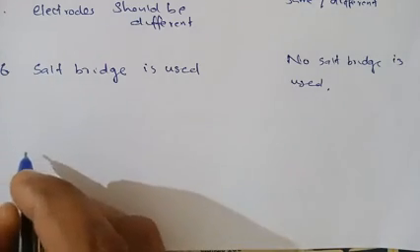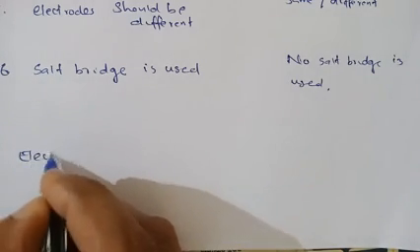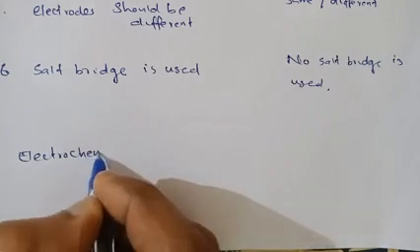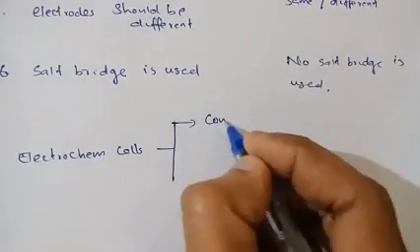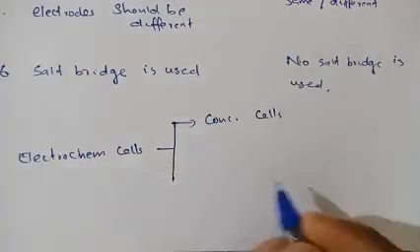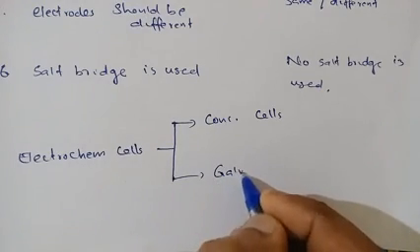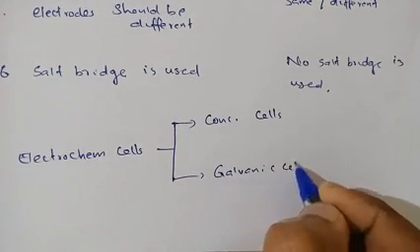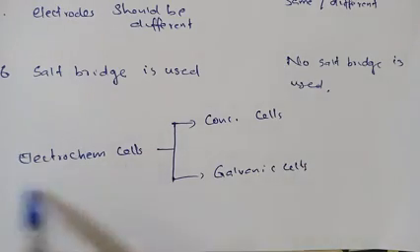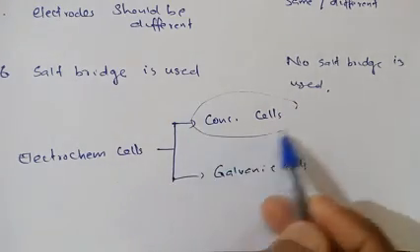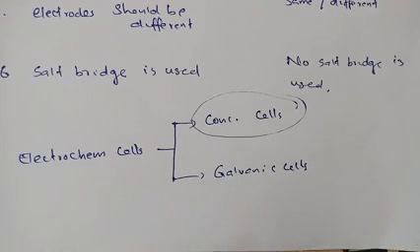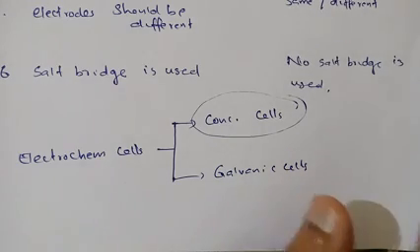And one more thing we have to discuss is that electrochemical cells can be classified into concentration cells and galvanic cells. That means electrochemical cells are also known as galvanic cells. But there are certain types of electrochemical cells which should be classified in other sections.